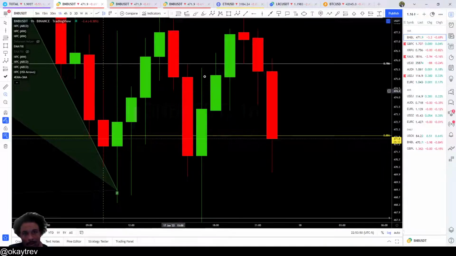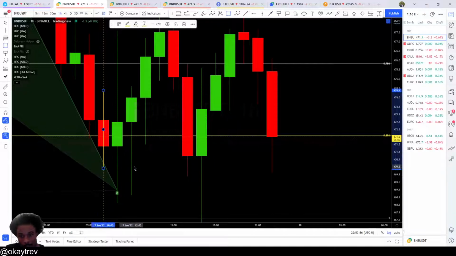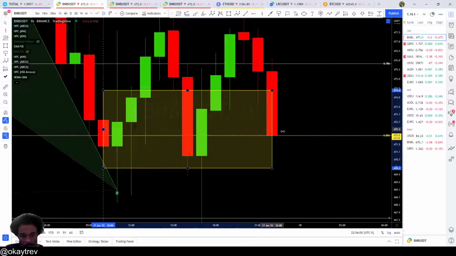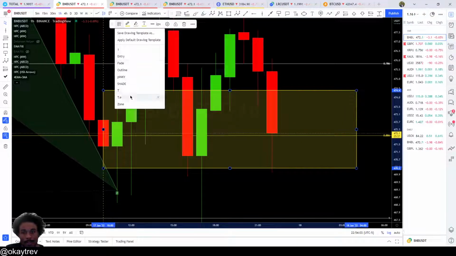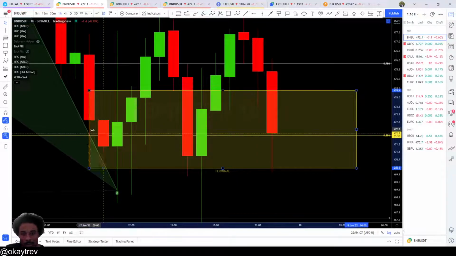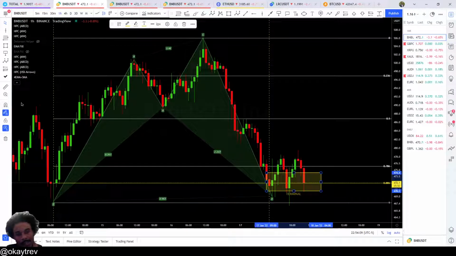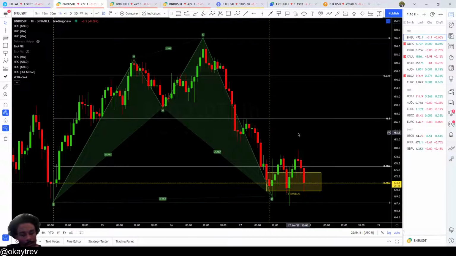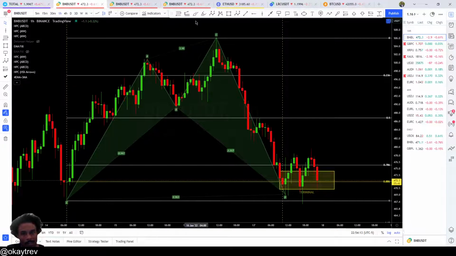So I'm gonna zoom in now, and I'm gonna take this square tool, and I'm gonna mark it from wick to wick. I'm gonna extend it out. And this is going to be my terminal bar. Our terminal bar gives us representation to see where prices are going to react inside that range to confirm with our trade analysis.